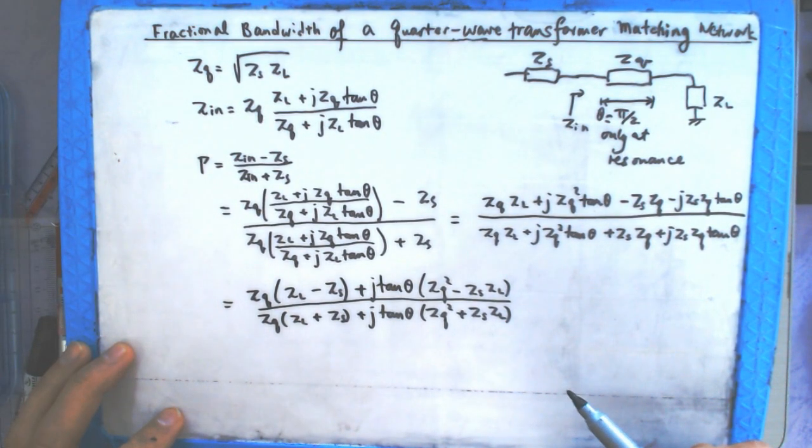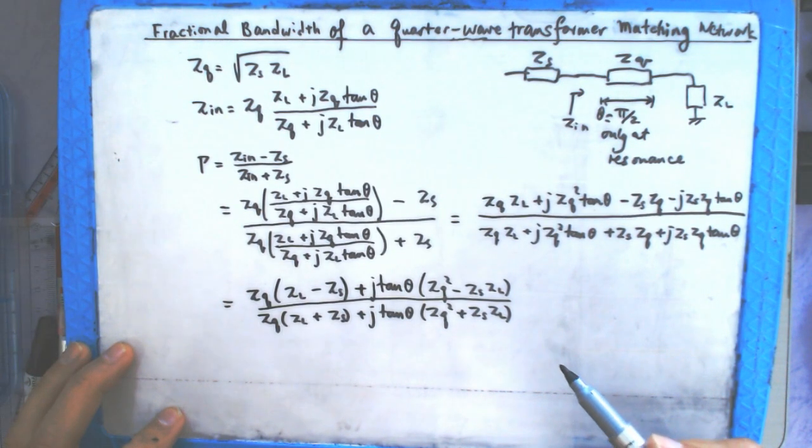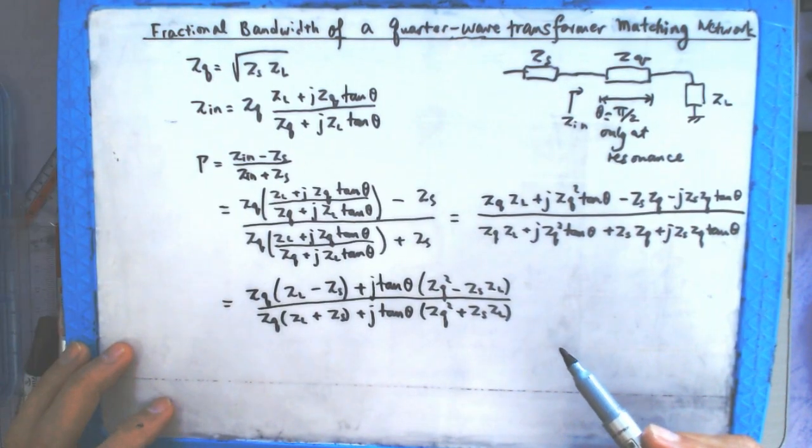So we are almost done. How are we going to further simplify this? We can simplify this very easily.